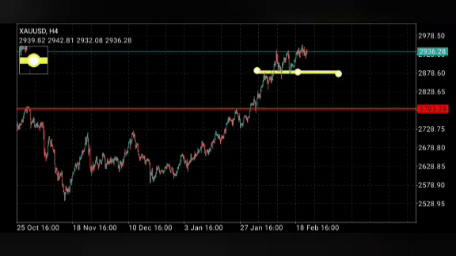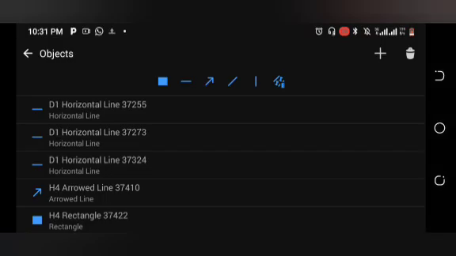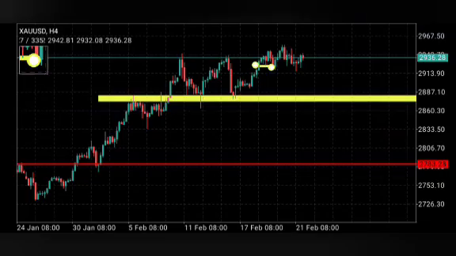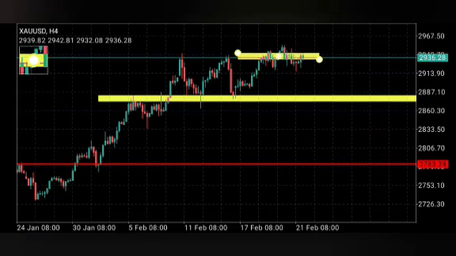So I see this support here tested multiple times. Oh, I see this here as well. So this looks like some kind of cup and handle pattern.